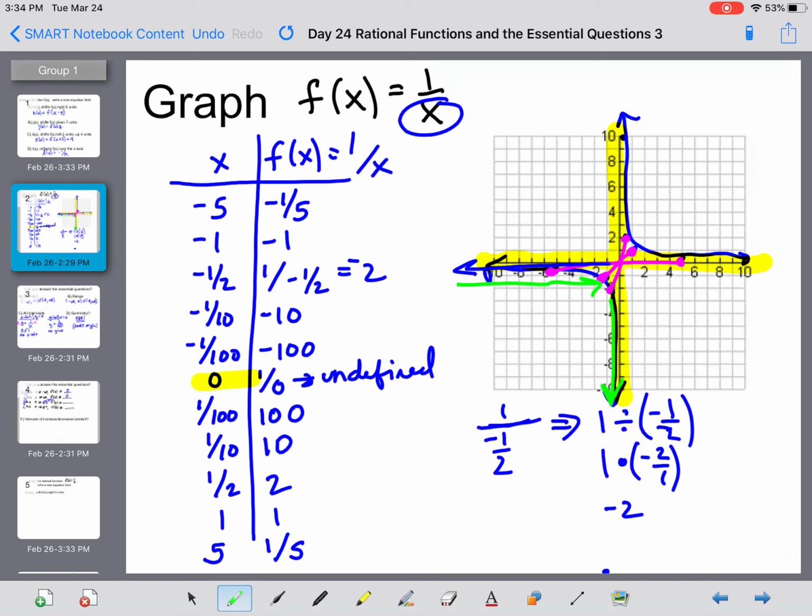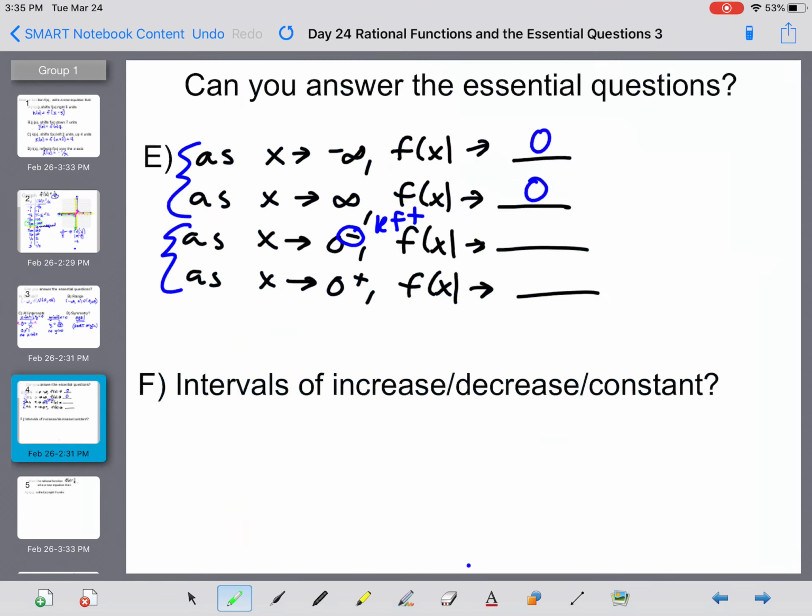As my x gets really close to 0, y is going off to -infinity. And I can kind of see that happening right here with this point. When I plug in -1/100th, my y value is going down to -100. So if I plugged in -1/1,000,000th, then my y value would be going to -1,000,000. So my y value keeps getting bigger and bigger and bigger in the negative direction. So I'm going to say that's going to -infinity.